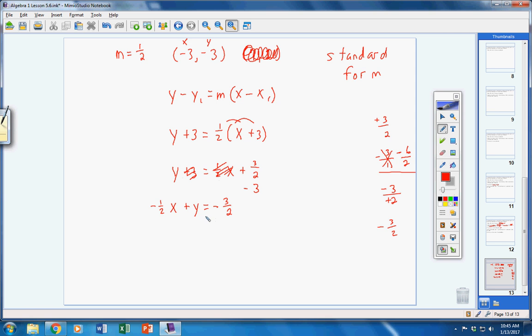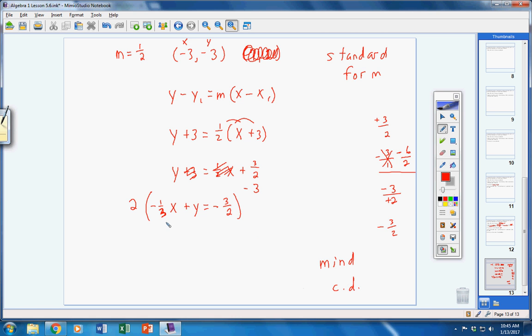I've simplified. Last step, get rid of fractions. Well, I have a denominator of 2 and a denominator of 2. So I'm going to multiply everything by 2. Now, some of you are probably thinking, Mr. Earhart, what if I would have had a 3 and a 2? The numbers are different. Well, then in your mind, you think of the common denominator, and that's what you use to multiply the equation by.